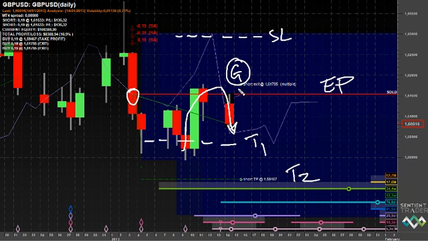If it turns out that I'm wrong and that this is not a G category FLD and price interaction, then of course price would break up strongly away from the FLD. I'm not expecting it, but if it does happen, then I want to be out of this trade.